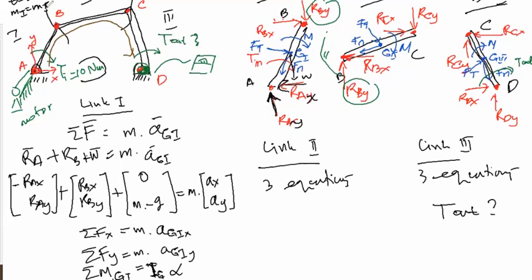Mass 2 equal to mass 3. Then find the output torque resulting here for the output link.